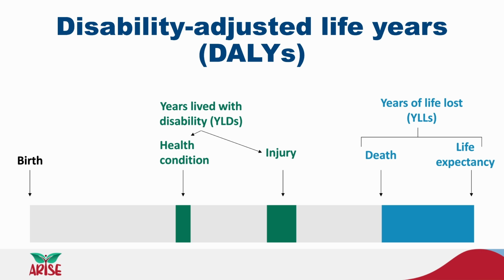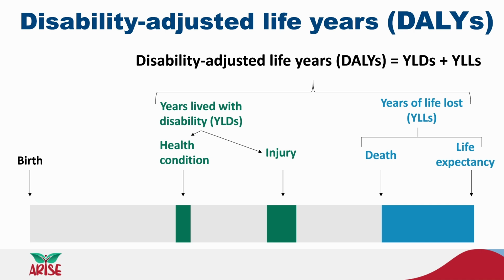As mentioned, this person died earlier than expected, and the period between the person's death and life expectancy is measured using the years of life lost metric, known as YLLs. As you can see, we have a metric of morbidity, or poor health, and a mortality metric.